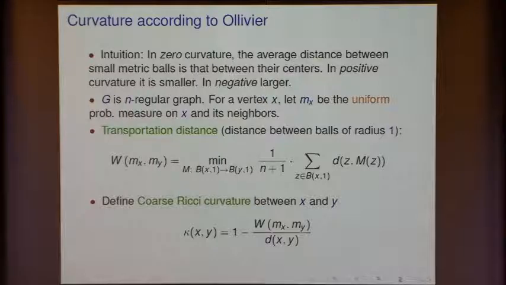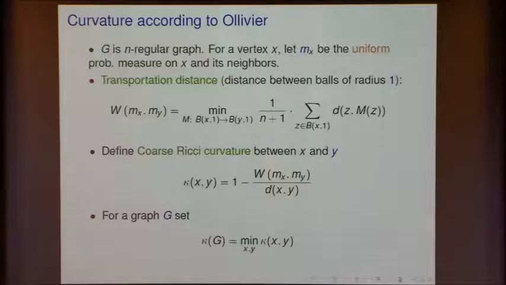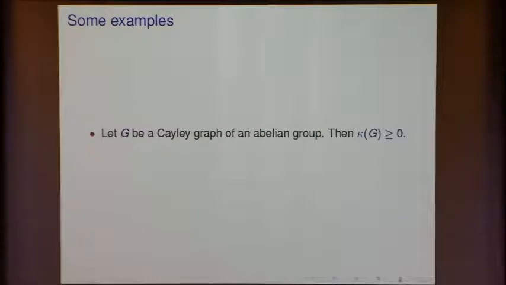So, if the metric between the neighborhoods of x and y is greater, its average distance is greater than the distance between the centers, this is negative curvature. If it's the same, it's 0. Otherwise, it's positive. Okay, and for a graph, we set the curvature of the graph to be the minimal curvature between any pairs of points. Is this okay? Okay. So let's see some examples.